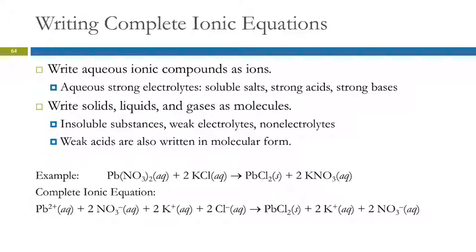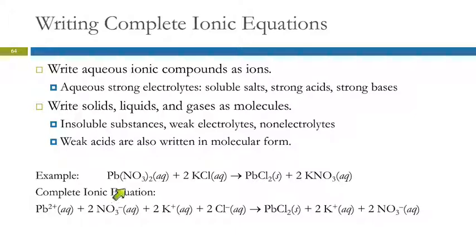Weak acids are anything that is not one of the 6 strong acids. I'm not going to try to trick you with this one in this class. If you have solids, liquids, or gases, you just leave them alone, including all the insoluble things.